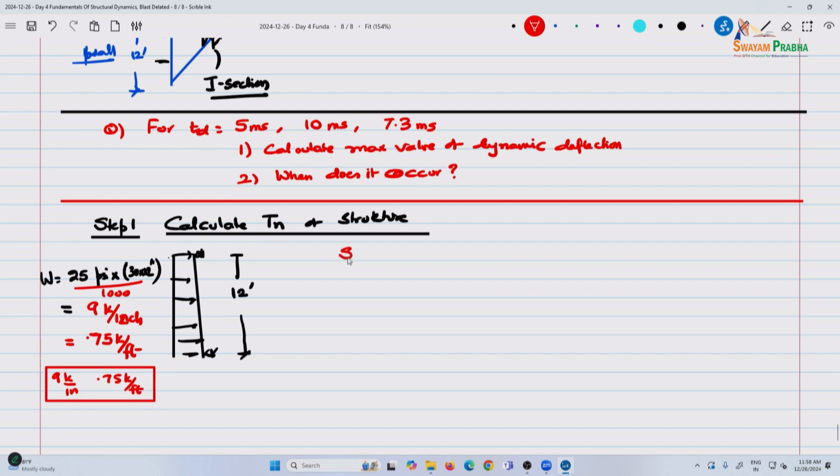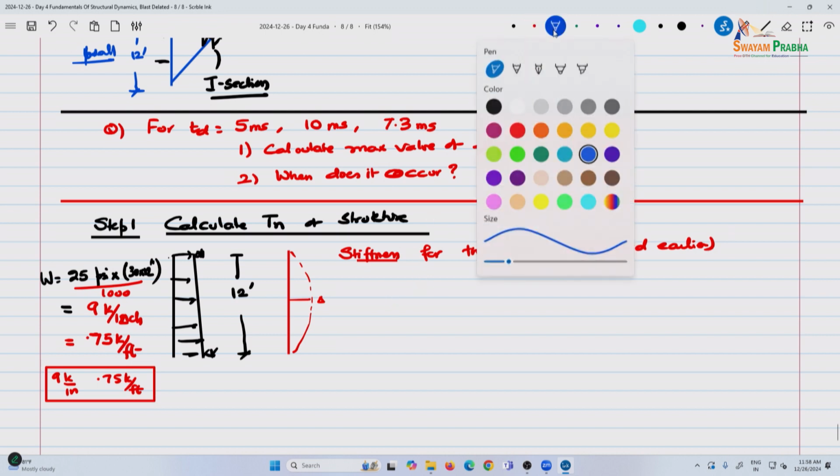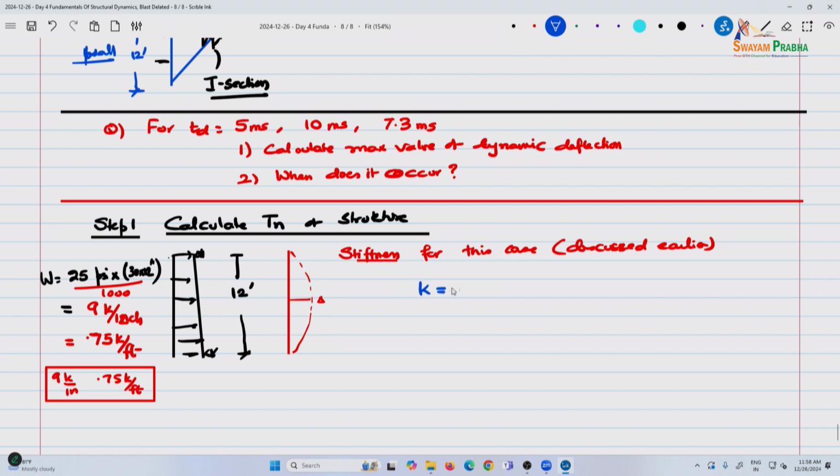Now the stiffness we have seen. I've shown this example, so I won't repeat it, and this is where for other applications we have seen. So in a situation like this, stiffness for this case, discussed earlier, is, you remember what the expression was? K is 384 EI over 5 L cubed, right?